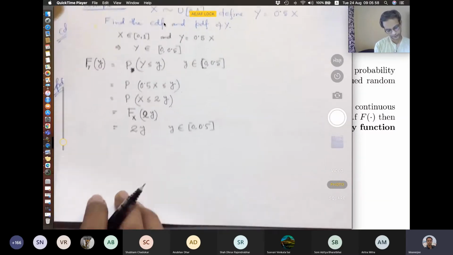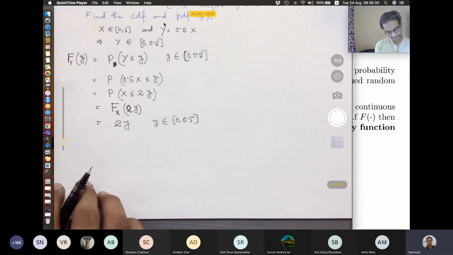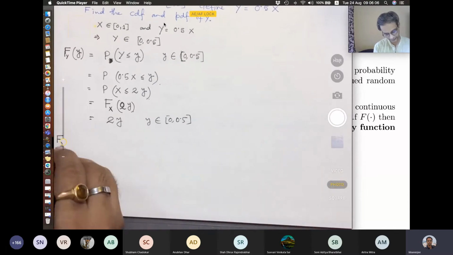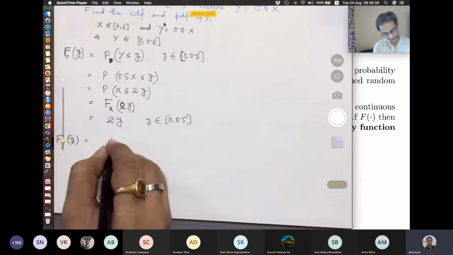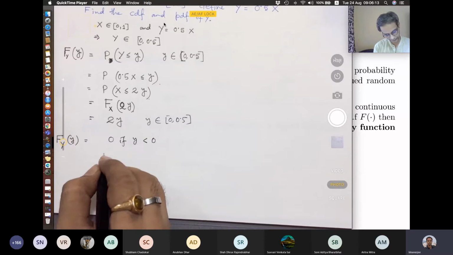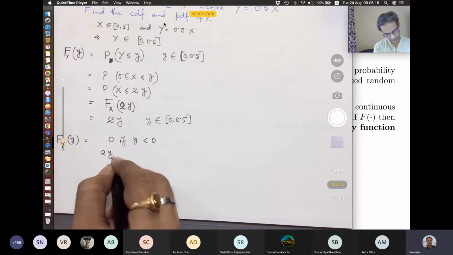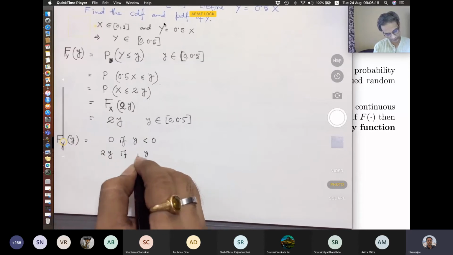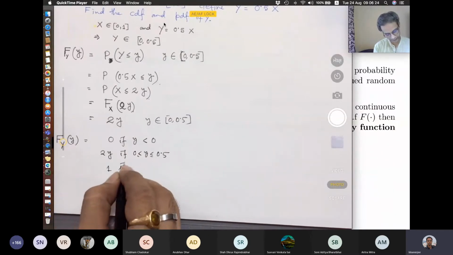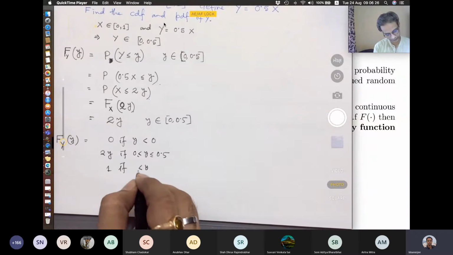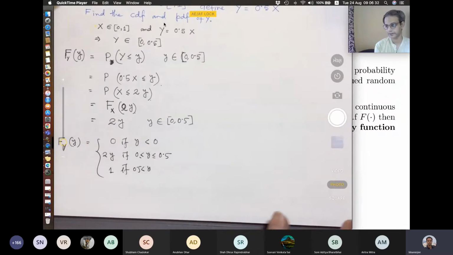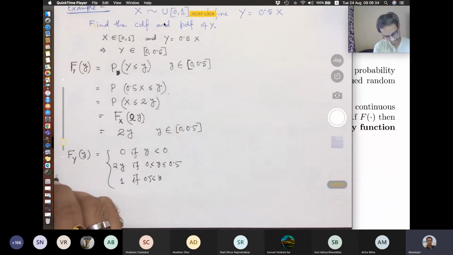Now let me make it complete, as I have to define it for the entire real line. F y equals 0 if y is less than 0, equals 2y if y is between 0 and 0.5, and 1 if y is strictly greater than 0.5. This is the CDF.